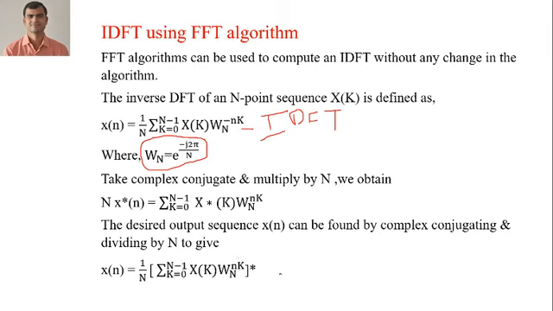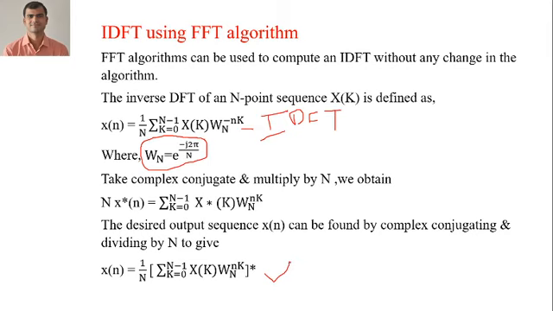So you see in this equation small changes: we just reduce the negative sign and take the conjugate of this equation. These are the equations we require to calculate the IDFT, or inverse DFT, using the FFT algorithm.